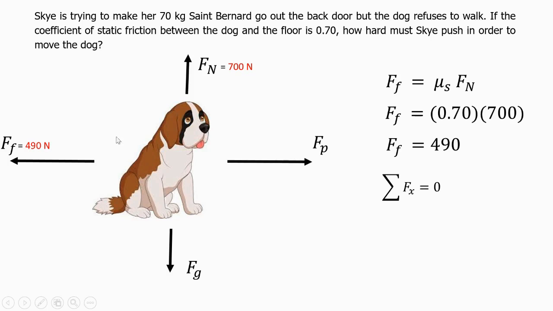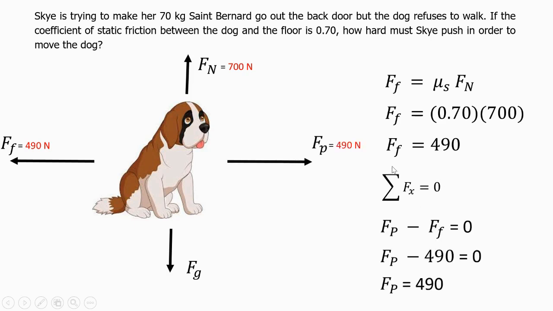So we'll treat this like a balanced force problem, where 490 is the force of friction, and we're just going to find FP, the applied force. Set the horizontal forces equal to 0. Then FP minus FF is our equation. We know FF is 490, so we put in 490, do a little algebra, and we find that the applied force would have to be 490 newtons.